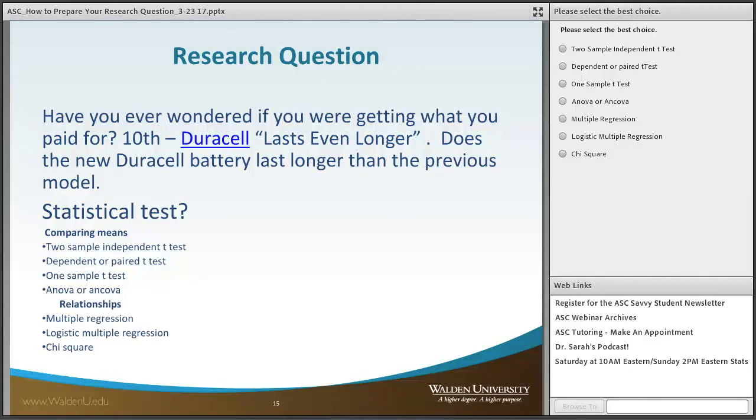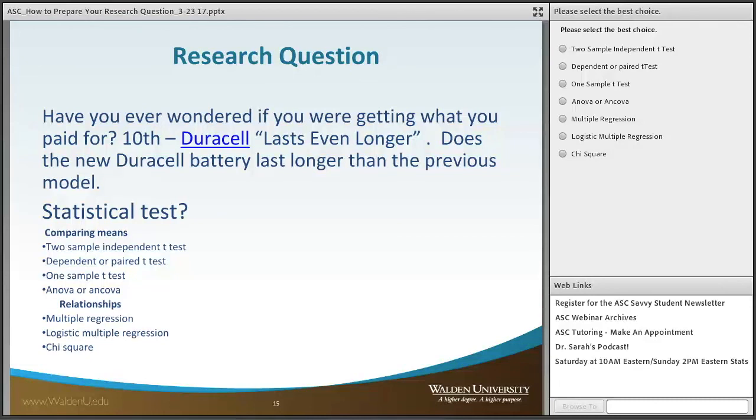We could again use an ANOVA because it doesn't mind doing just two. So here we would have say 50 batteries, not the new last even longer type. The batteries, the 9th edition, we would find the mean length of time that these batteries last compared to the mean length of time that the new batteries last.